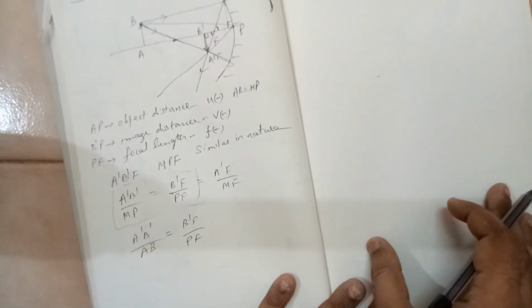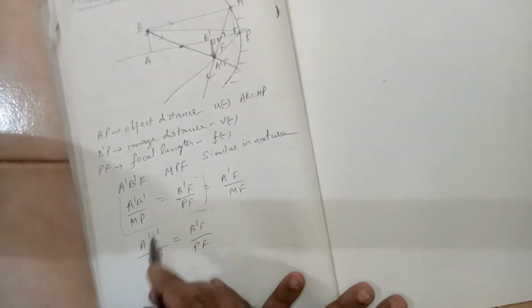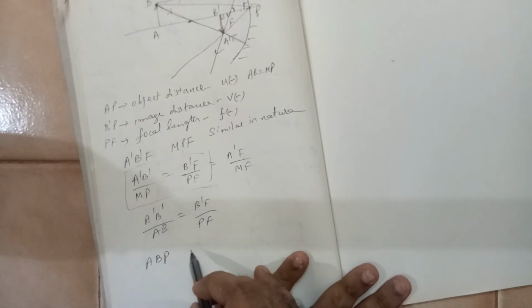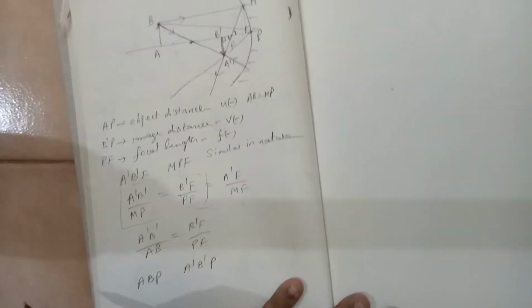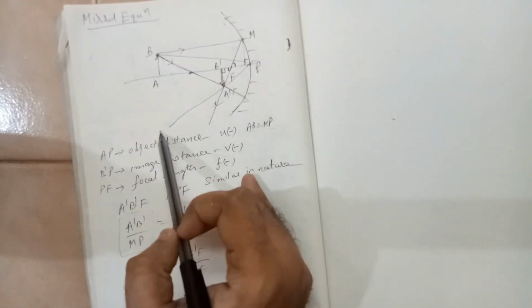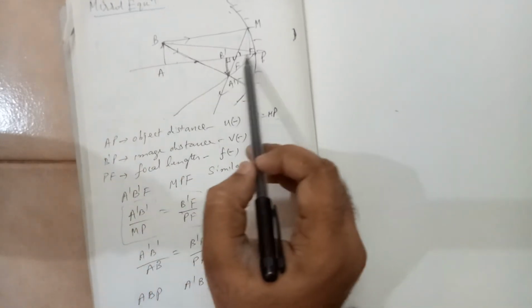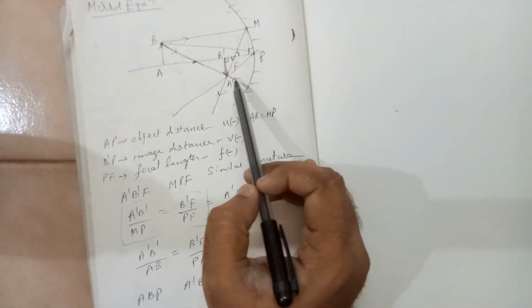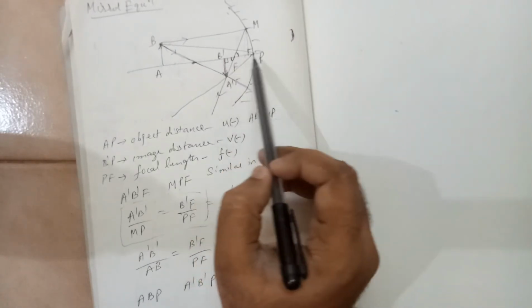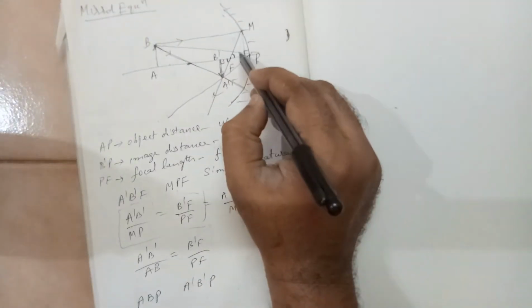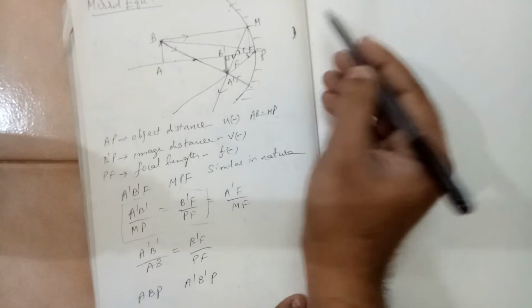Now, if you see this triangle ABP and A dash B dash P, we know that a ray that passes through P reflects with the same angle. So angle APB will be equal to angle B dash PA dash. Okay, so this angle will be equal to this angle, let us say theta.